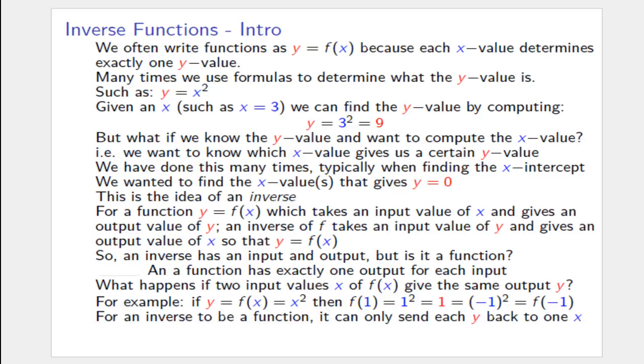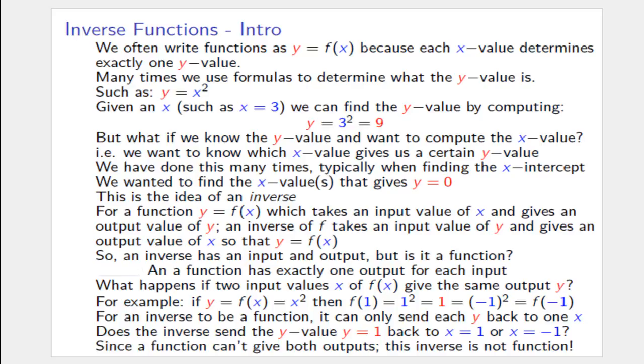But for the inverse to be a function, it can only send each y back to one x. So does the inverse send the y value, y equals 1, back to x equals 1, or x equals negative 1? Since a function can't give both outputs of 1 and negative 1 for the one input of 1, this inverse is not a function.